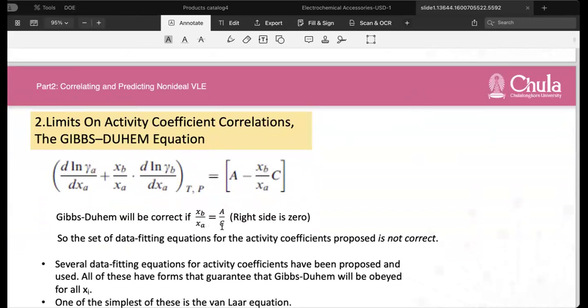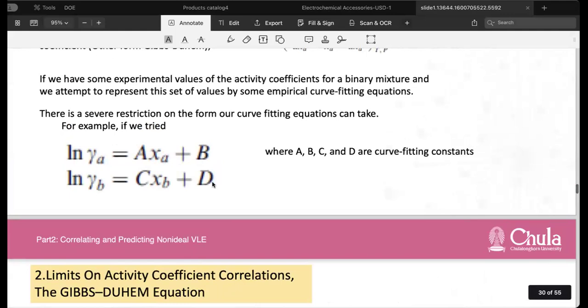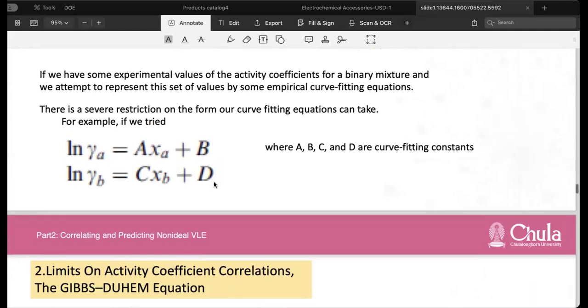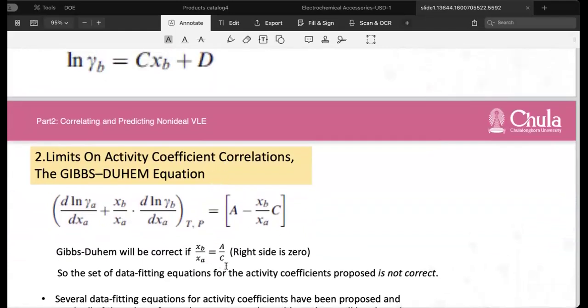Then we cannot have different fractions of xb and xa. It's only valid when xb over xa equals a over c. So these expressions cannot be used, because they do not cover other fractions. But in reality, of course, we need xa to vary from close to 0 to close to 1.